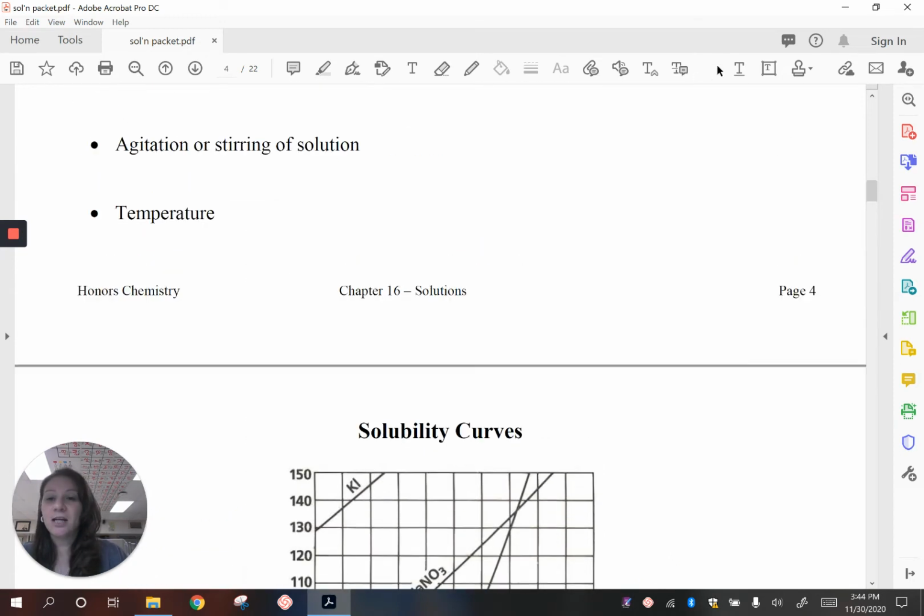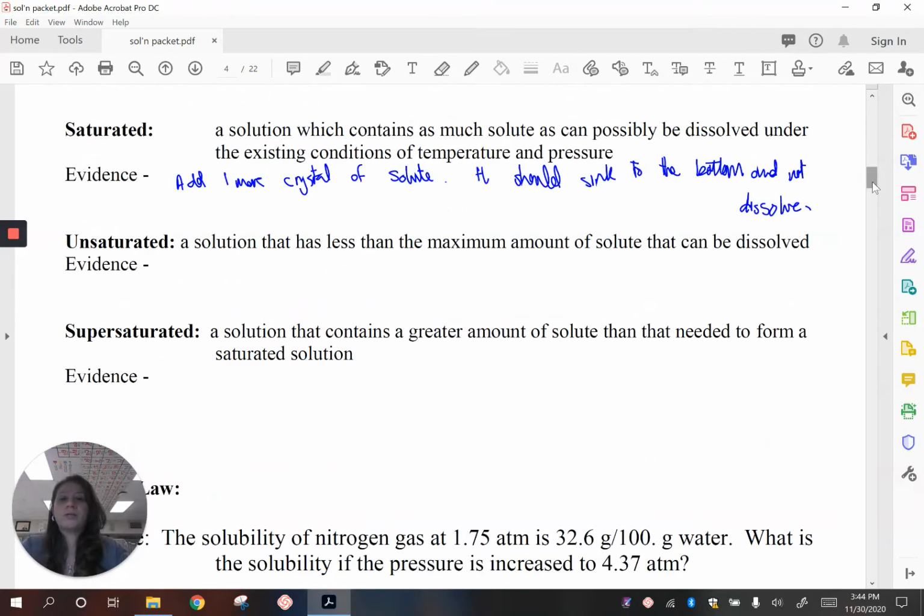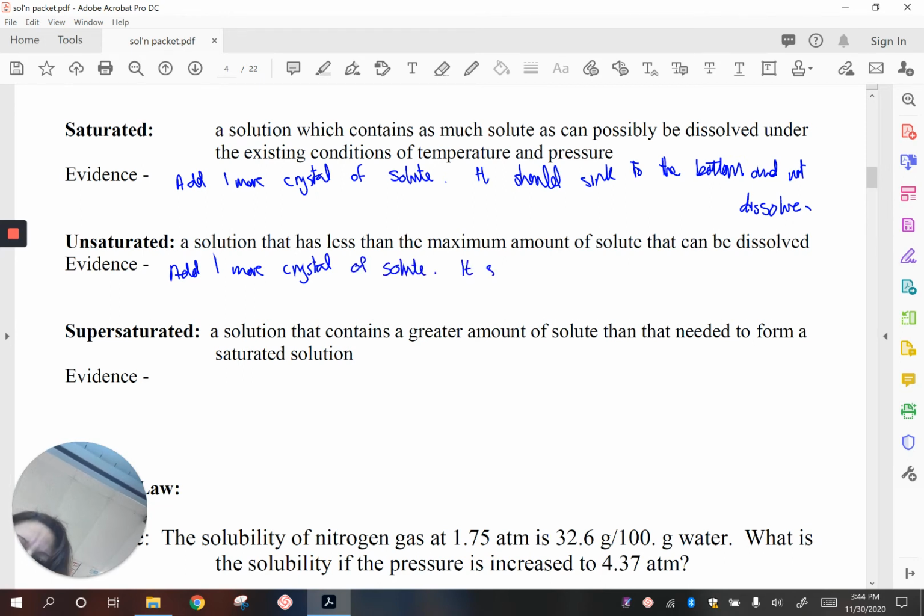So my test here would be to do the same thing. Add one more crystal of solute. It should dissolve, because it's not full to the maximum amount.